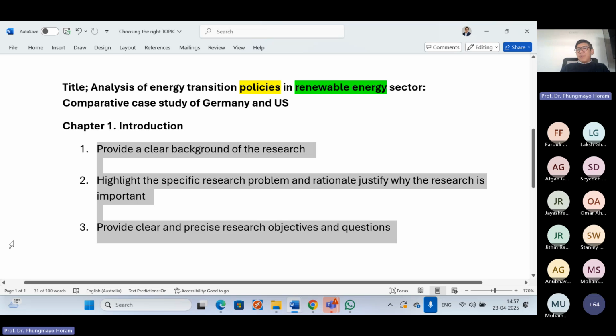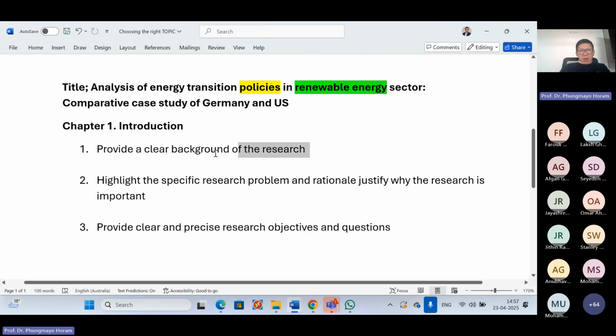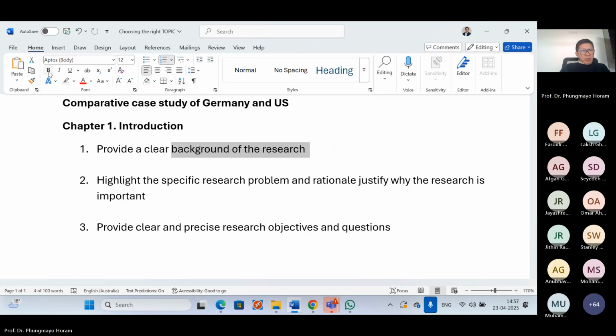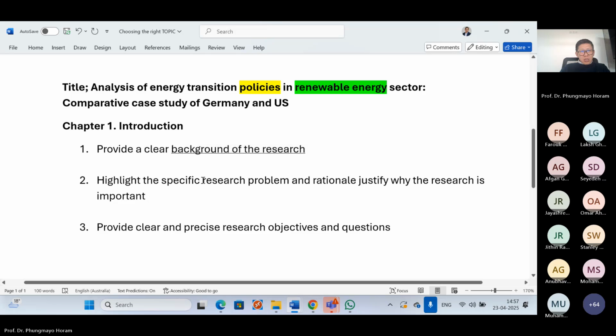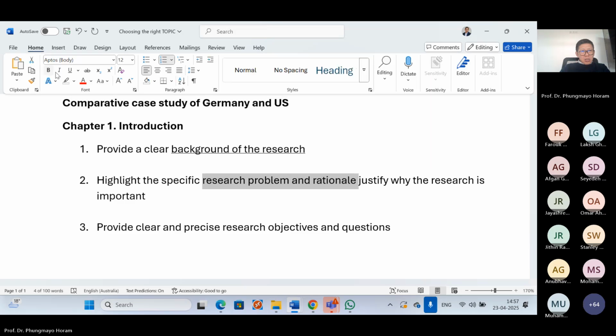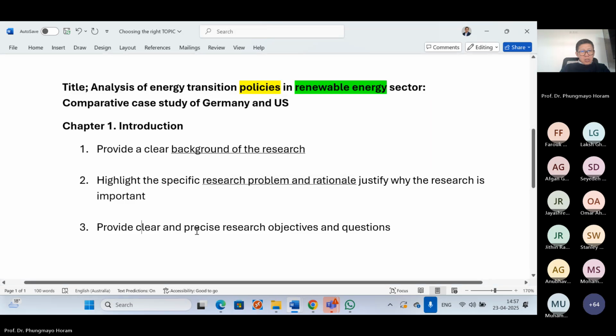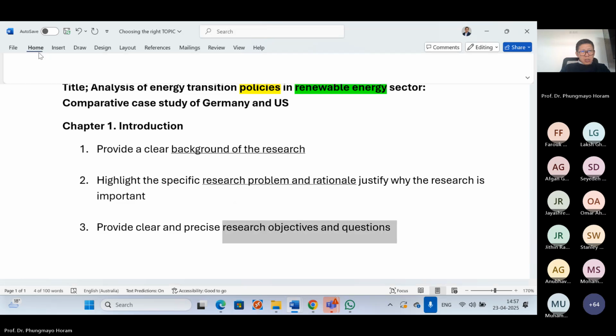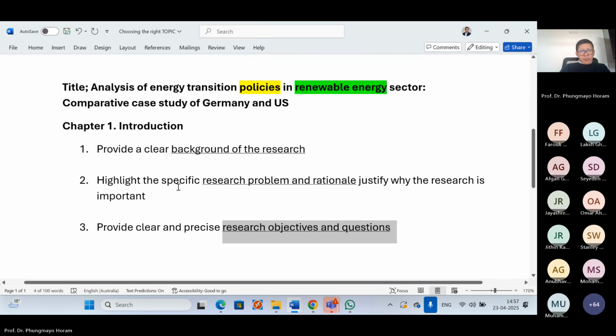What would be the background of my research? Okay, I will underline this for you.